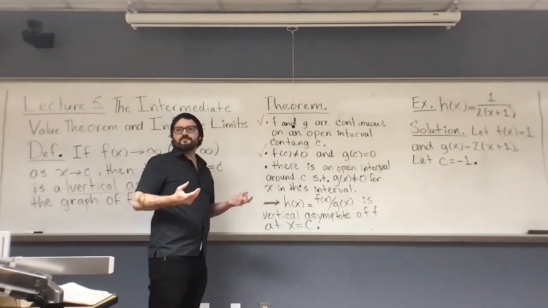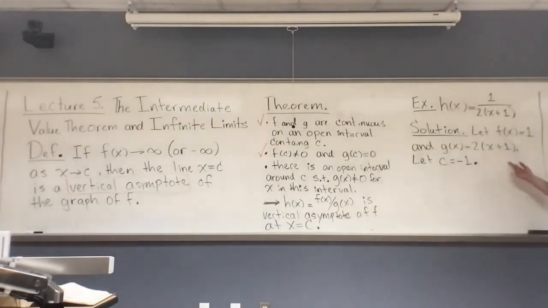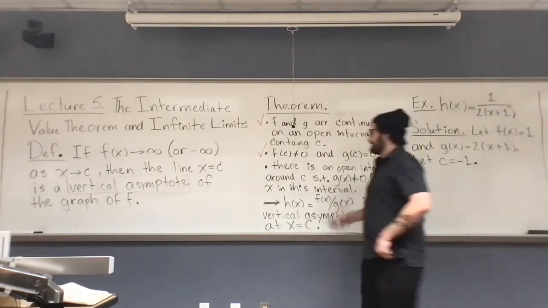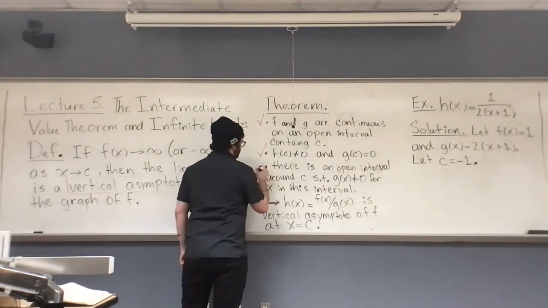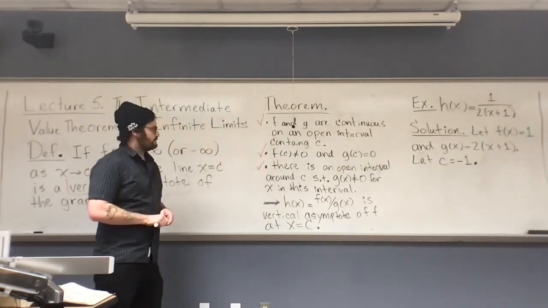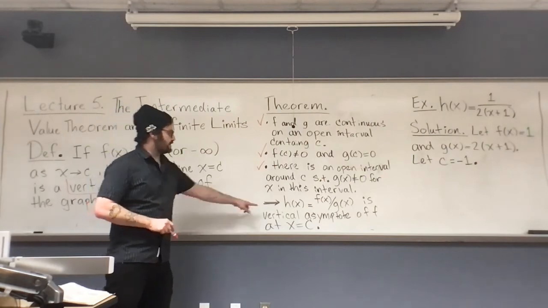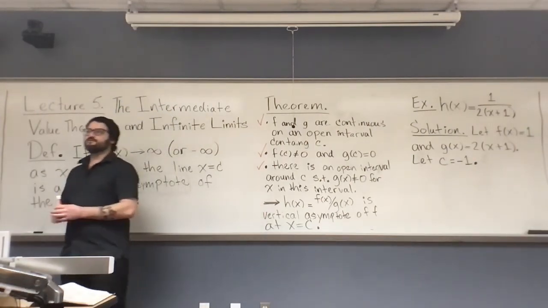Yes, right? This function doesn't exist at -1, but everywhere around there does exist. So it does satisfy the next part of the hypothesis. Now we're at the implication. What does it imply, and is that implication useful for us?